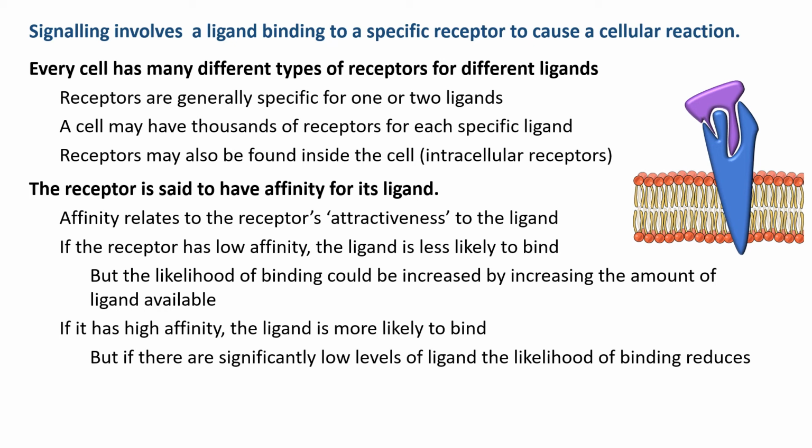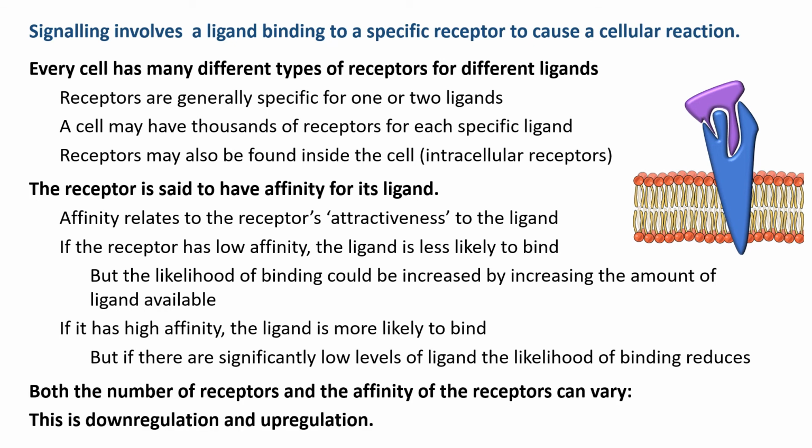But again, if there are significantly low levels of ligand, then that's going to reduce the likelihood of binding. Both the number of receptors and the affinity of the receptors for their ligands can vary. And this is downregulation and upregulation of receptors.